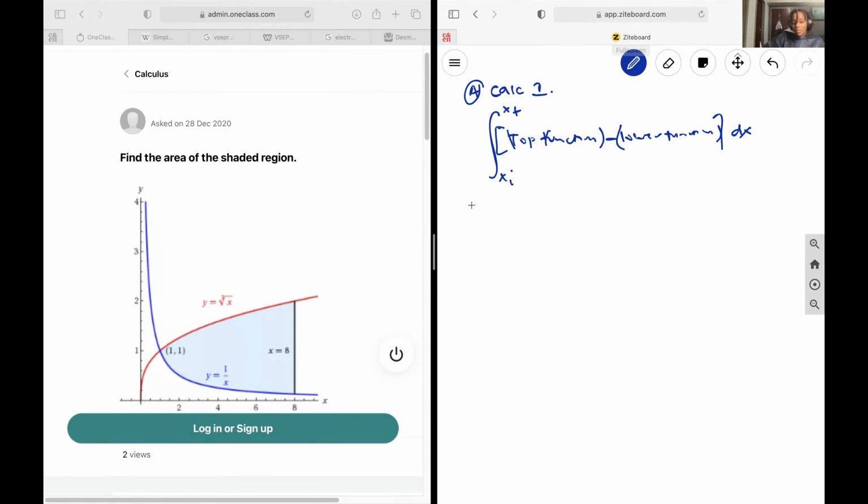And so if I apply that to this question, I know that xi is equal to 1, xf is equal to 8.